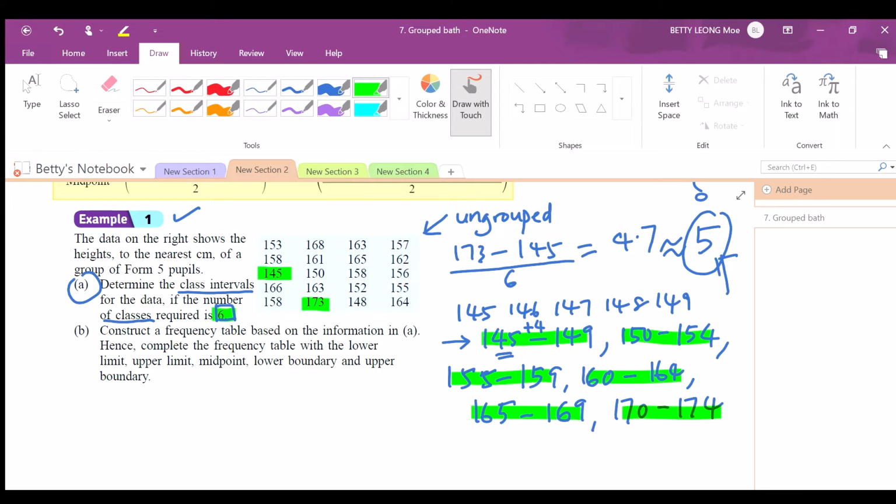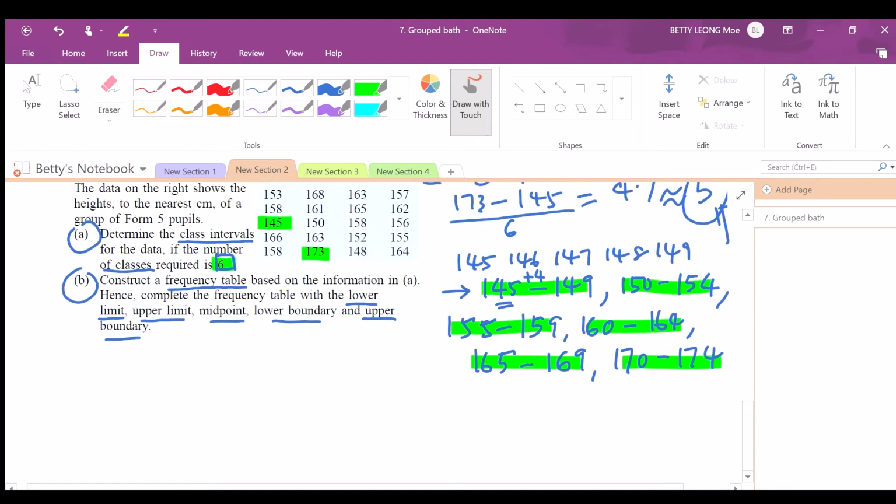Next, B, construct a frequency table based on the information in A. Hence, complete the frequency table with lower limit, upper limit, midpoint, lower boundary, upper boundary. So we will do it.